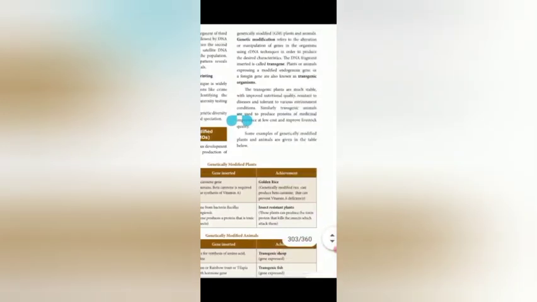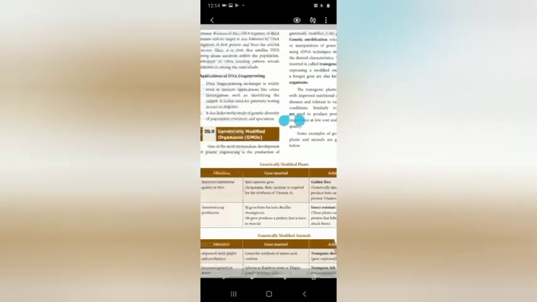Advantage: insect resistant plants, plants that insects do not attack, can be created. So these plants can produce the toxic protein that kills the insects that attack them. We have introduced that gene into our plant, so the plant kills the insects with the toxic substance. So these are genetically modified plants.